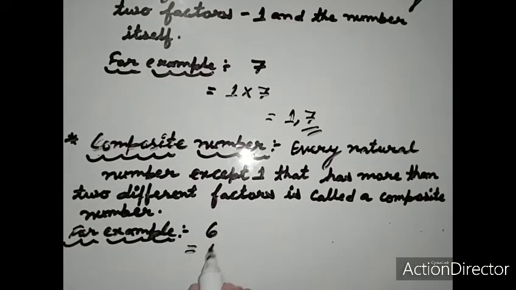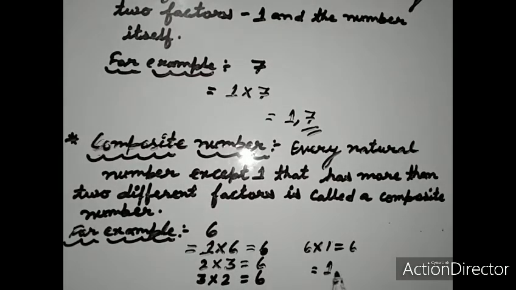First we take the multiples: 1 multiplied by 6 is 6, then 2 multiplied by 3 is 6, then 3 multiplied by 2 is 6. So the factors are 1, 2, 3 and 6 itself. So here the total number of factors is 4.